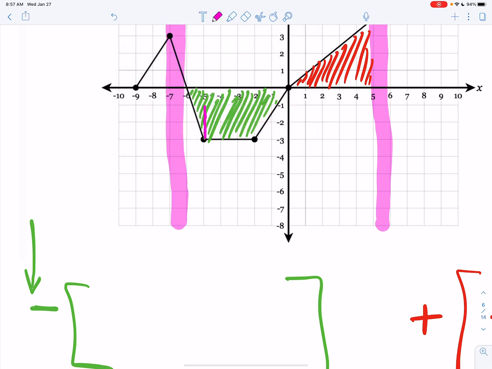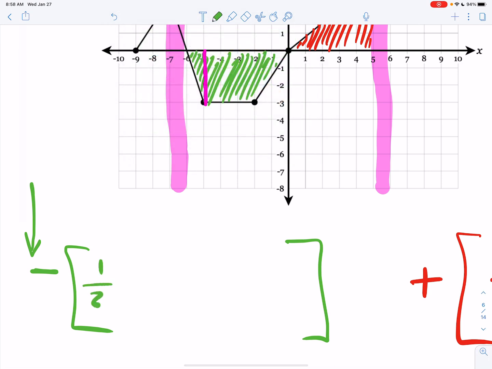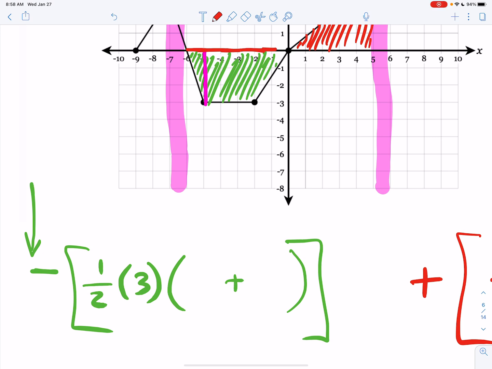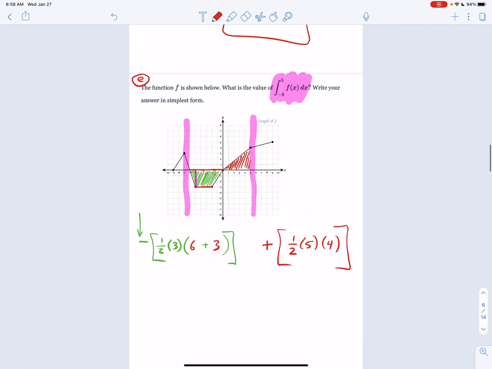So the height is really this, that's 3 units. So that's going to be 1/2 times the height of 3 units times the sum of the two bases. The two bases, it looks like it's 6 and 3. And you can compute that with your calculator or just by hand.